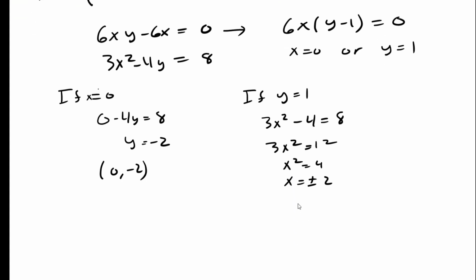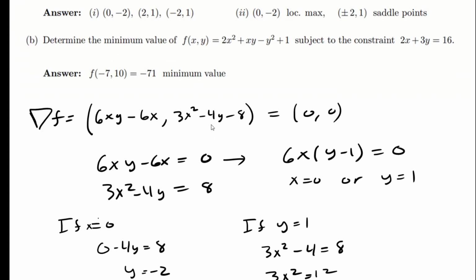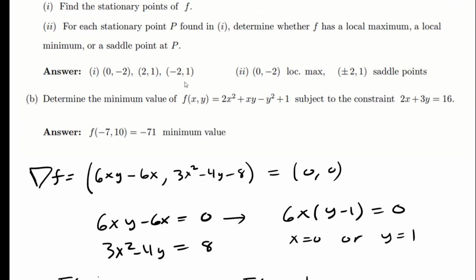So that actually gives me 2 points: (2, 1) and (-2, 1). So these are my stationary points, the points where the gradient is 0. Let's check if that's right. I have those 3 points.